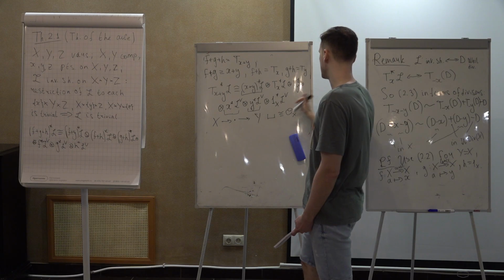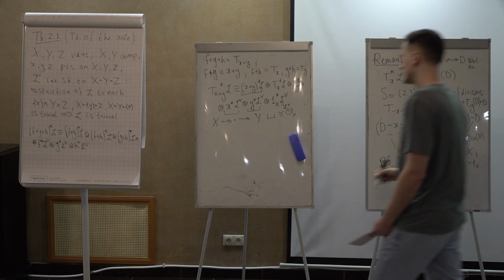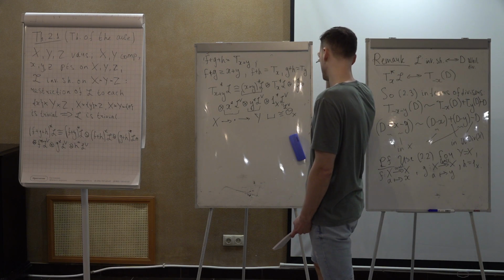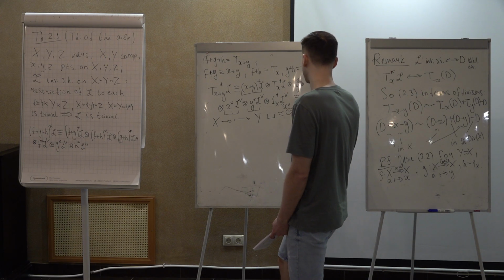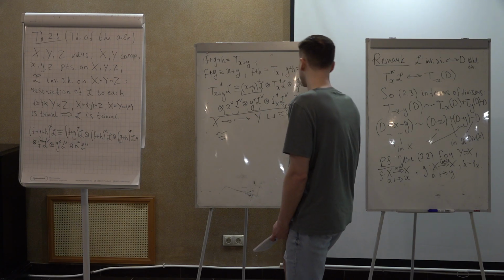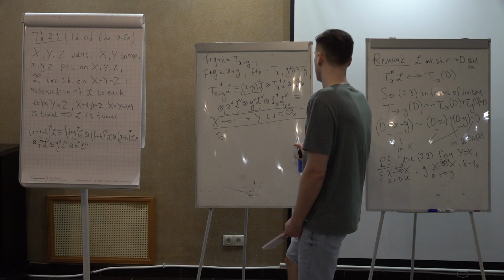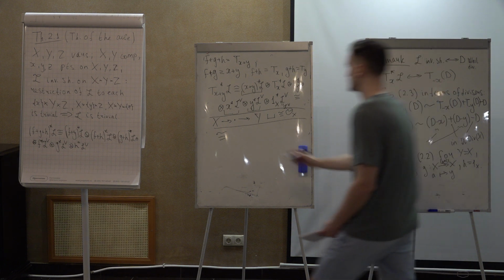This one is just, nothing happens under the identity map, so we get exactly what we need, right?